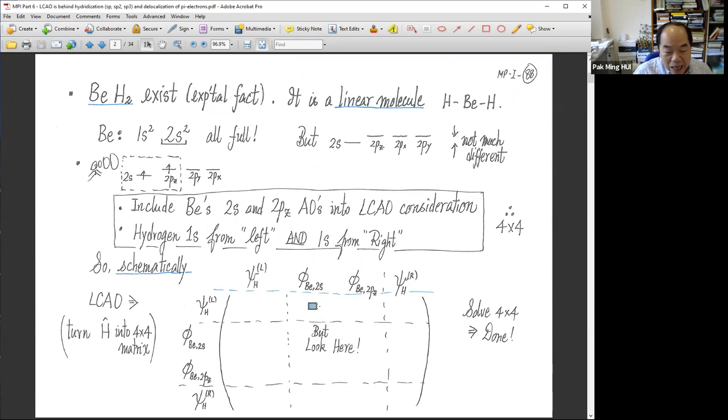So now if you do that, in principle, we know how to fill in these 16 matrix elements and then diagonalize it or find the eigenvalue E, we get the 4 MOs. So basically in our mind, this is done, okay?